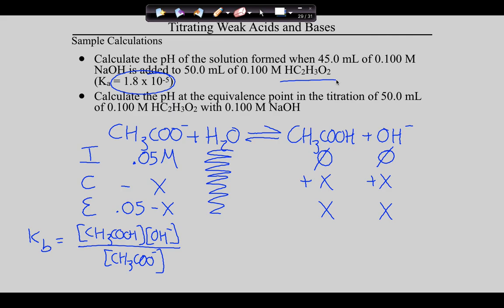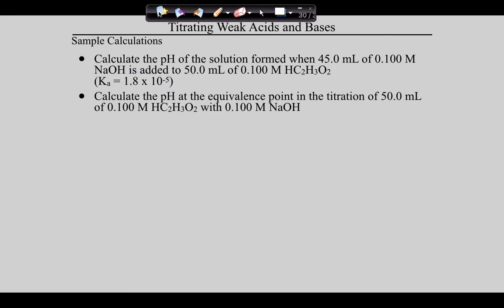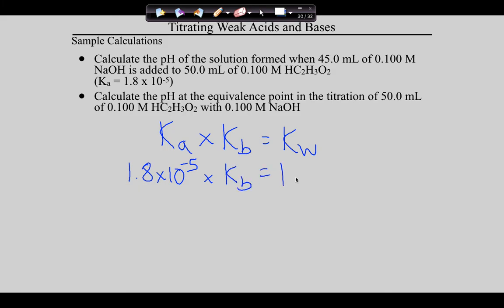And if we know the Ka of the parent acid, we can figure out the Kb of the conjugate base by going Ka times Kb is equal to Kw, or 1.8 times 10 to the negative fifth times Kb is 1 times 10 to the negative 14th.